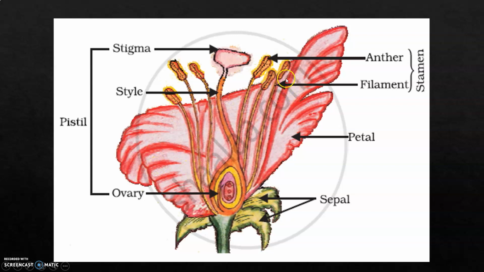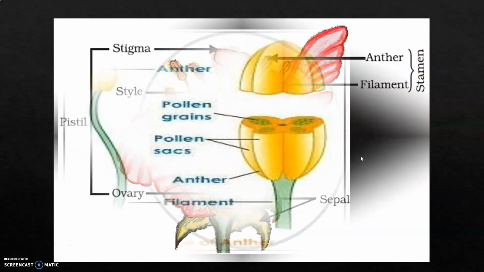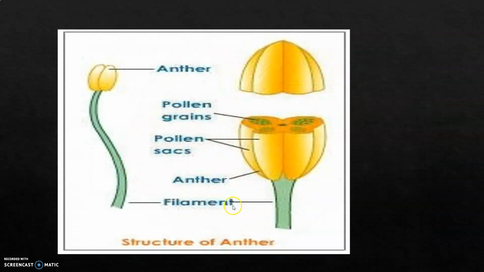The male reproductive part consists of two main parts, anther, which contains the male germ cells called the pollen grains, and also the tubular structure called the filament. These two together are called stamen. Now let's move on and discuss the structure of anther.